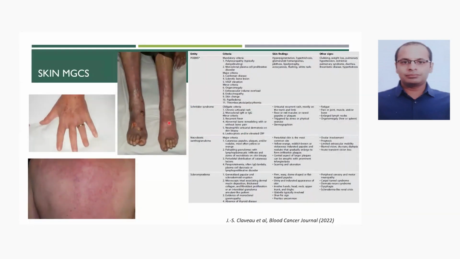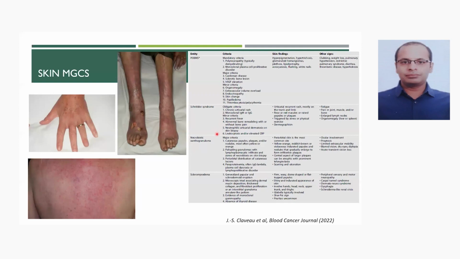Like we have patients of POEMS, or this patient of scleromyxedema, this patient of necrobiotic xanthogranuloma, or this is a rash of Schnitzler syndrome. So in Schnitzler syndrome, you have this urticarial kind of rash with the monoclonal gammopathy, with patient presenting with recurrent fever and bone pains.